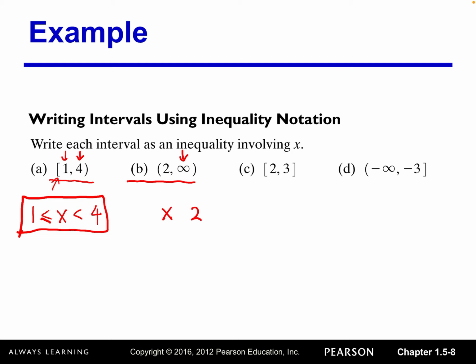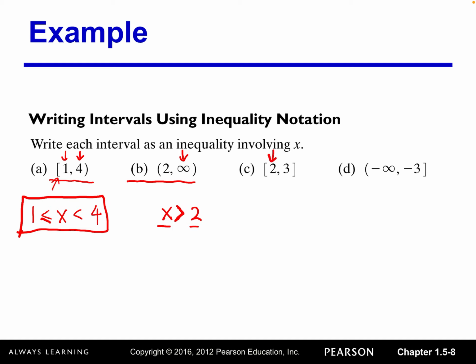For 2 to positive infinity, anything on the right-hand side of 2 will be included in the solution. So x should be greater than 2, because positive infinity is a number much, much bigger than 2. So we use greater than to connect x and the boundary number 2. Both sides are parentheses, so it is exclusive, no equal sign. So x greater than 2 is the corresponding inequality notation for this interval notation.